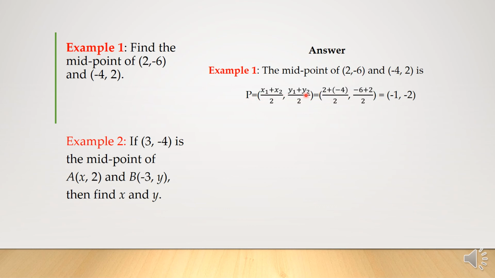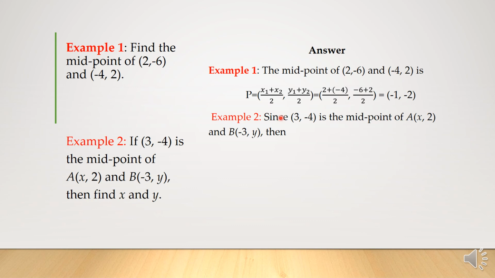Okay, so you take h1 is 2, h2 is minus 4, so 2 minus 4, divided by 2 becomes minus 1. And y1 is minus 6, and y2 is 2, so minus 6 plus 2 becomes minus 4, and you divide by 2 to become minus 2. Yeah, so that's the coordinate of the midpoint.